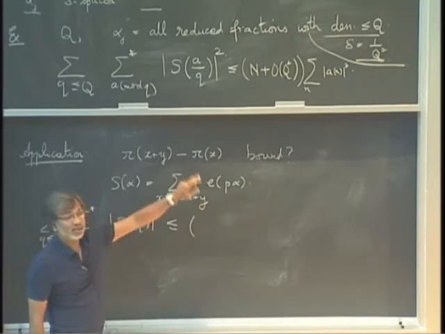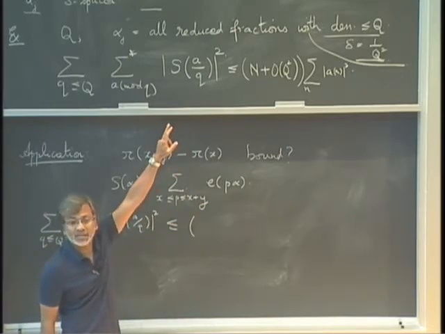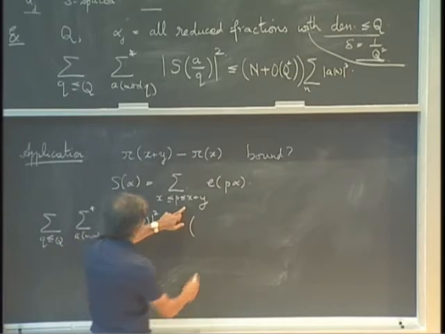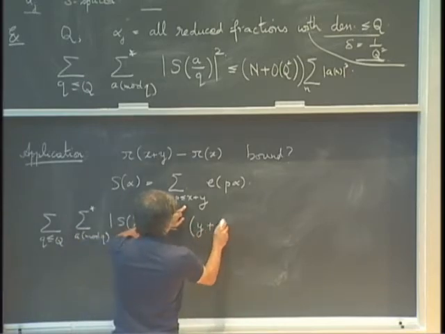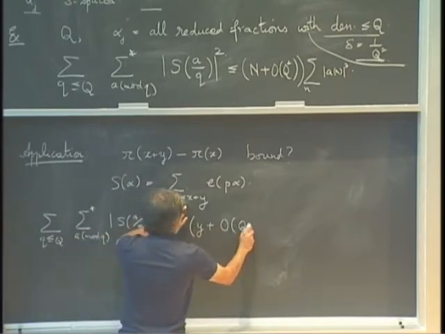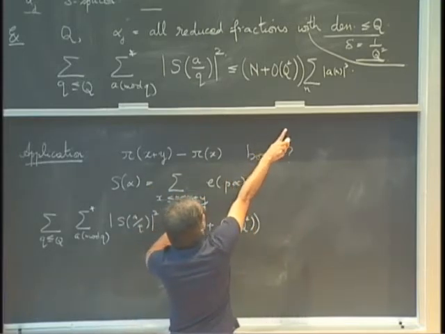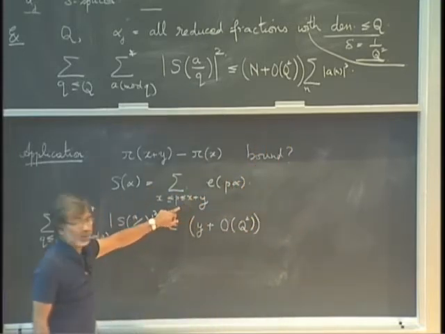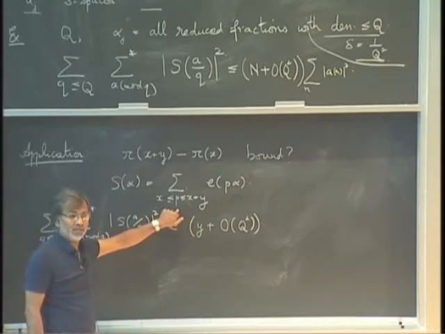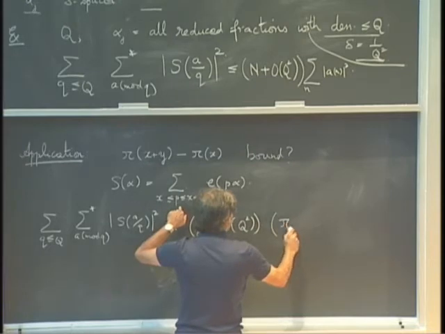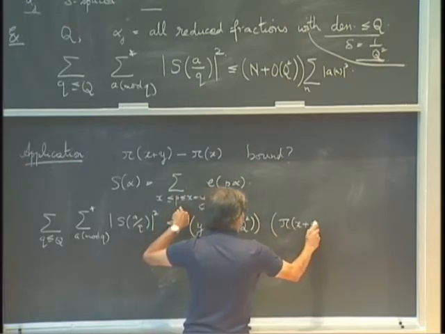This is why I said that you can translate that interval in S(alpha) by anything that you like. It doesn't depend upon what the numbers actually are, just on the length of the interval. So this is y plus Q squared times, well, what's a_n? It's 1 if your number is a prime and 0 otherwise. So the sum of the squares of that will again give me pi(x plus y) minus pi(x).